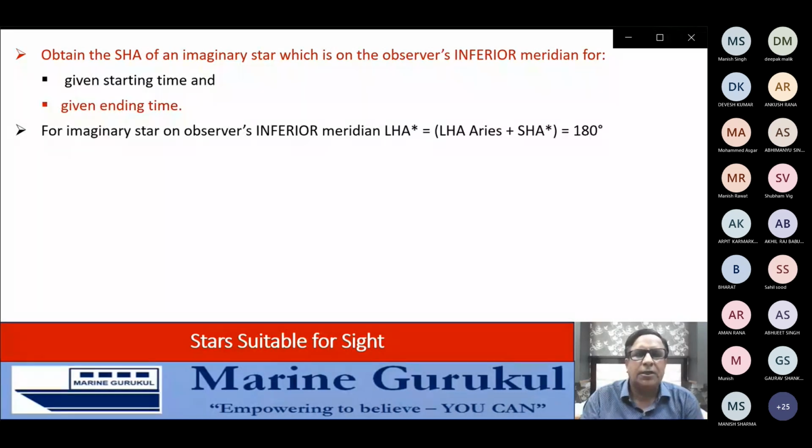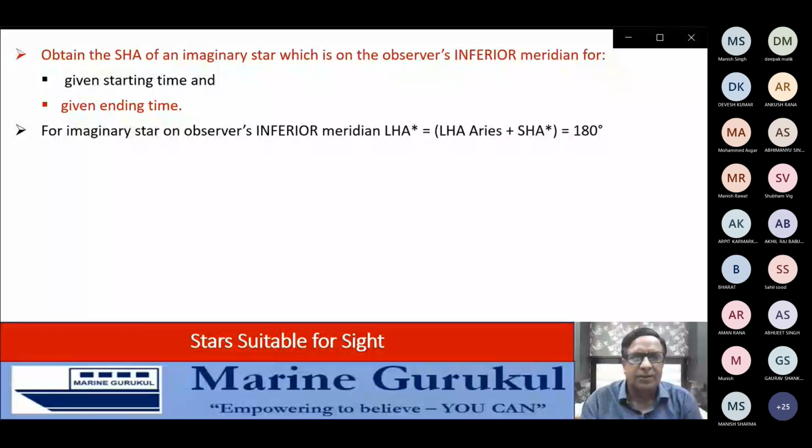For the imaginary star on observer's inferior meridian, the LHA shall not be 360, but it shall be 180. So the difference lies here. In the earlier case, to find the SHA of the imaginary star, we were equating LHA to 360 degrees.